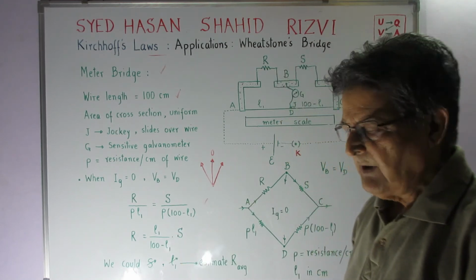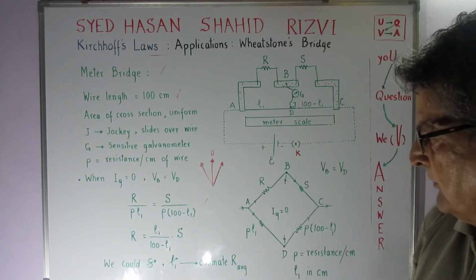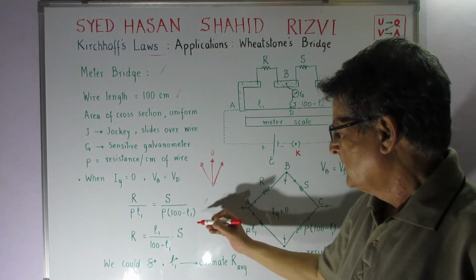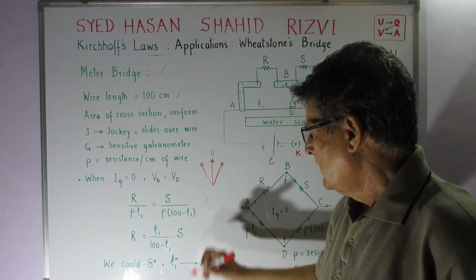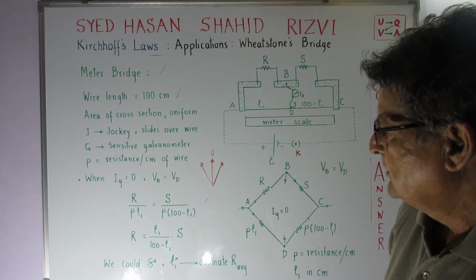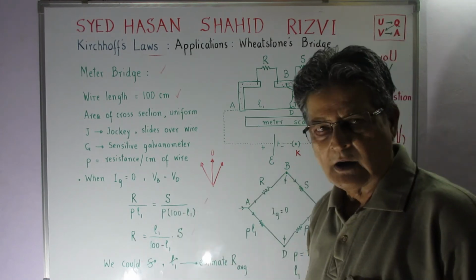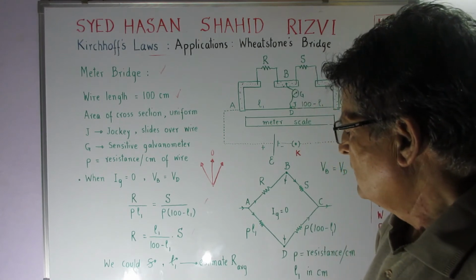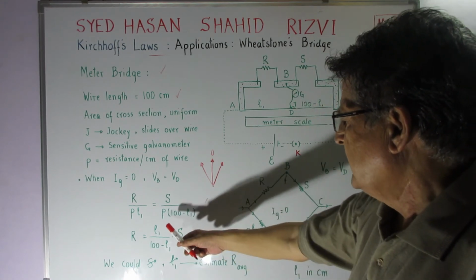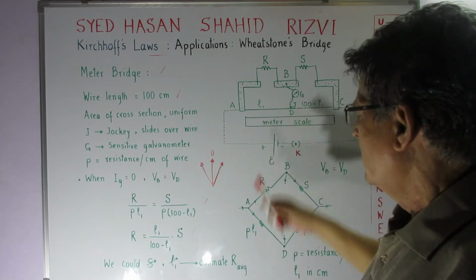The value of R therefore depends upon the value of S. It is advised that for maximum sensitivity in finding the value of R, the value of S should be chosen such that L1 is somewhere in the middle of this scale.